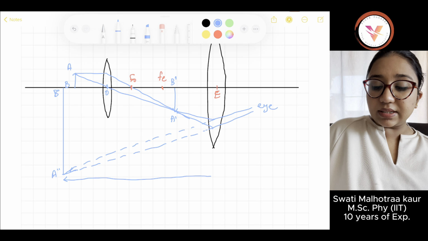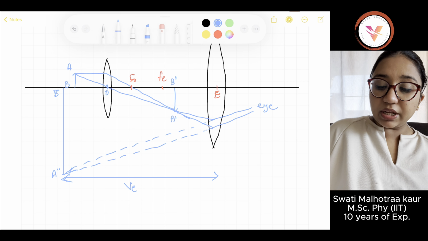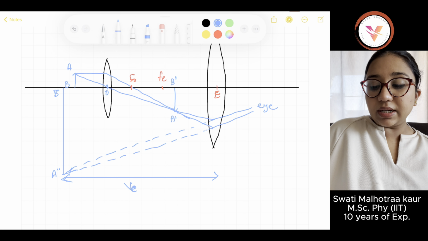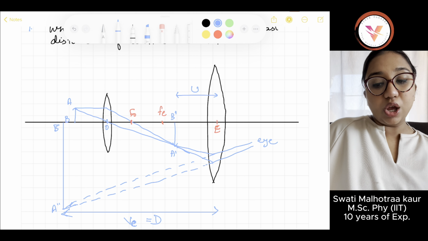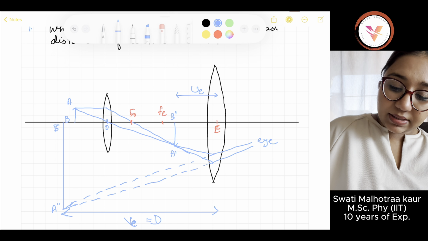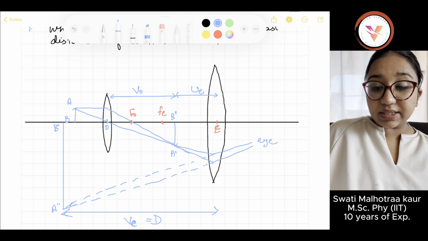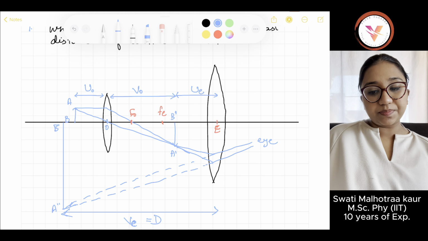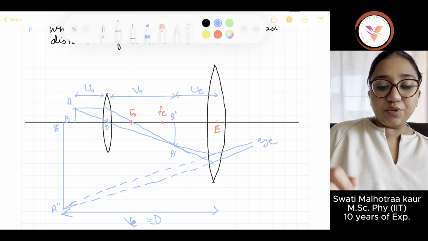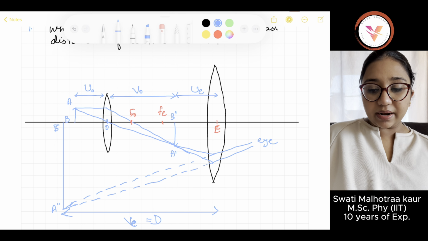That is this distance, which is my final image distance, and I put E because it is the eyepiece, VE. And this distance is UE, object distance, and this is VO, the image distance from objective. And this is UO, object distance from objective. E denotes eyepiece, O denotes objective, U and V are object and image distance. Okay, it's a very simple, neat and clean diagram.